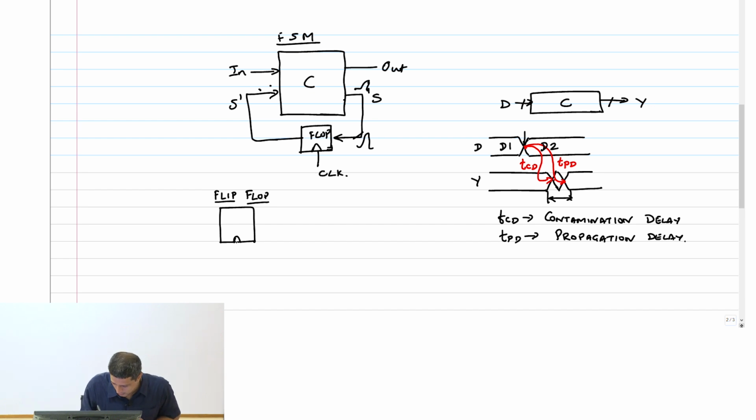Now I have a clock that controls this. D, Q. So what am I going to do? I have this clock that's essentially changing like this.